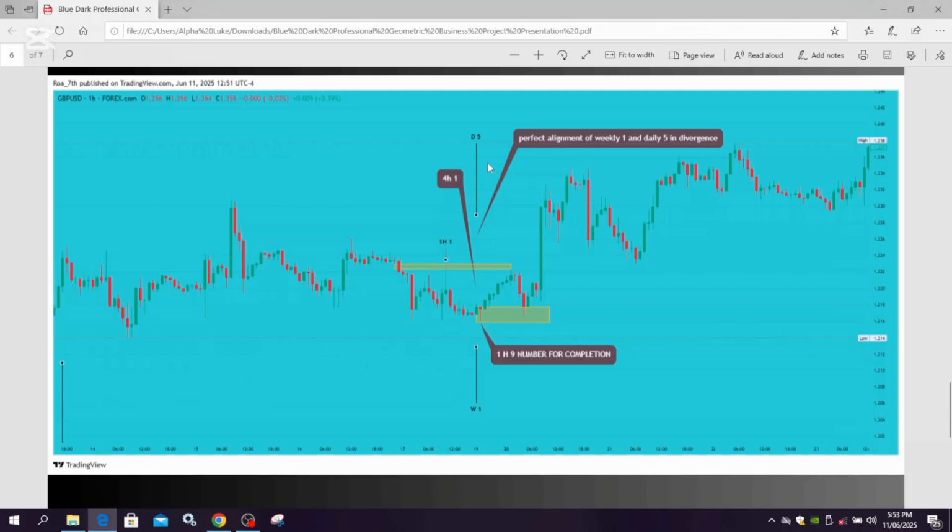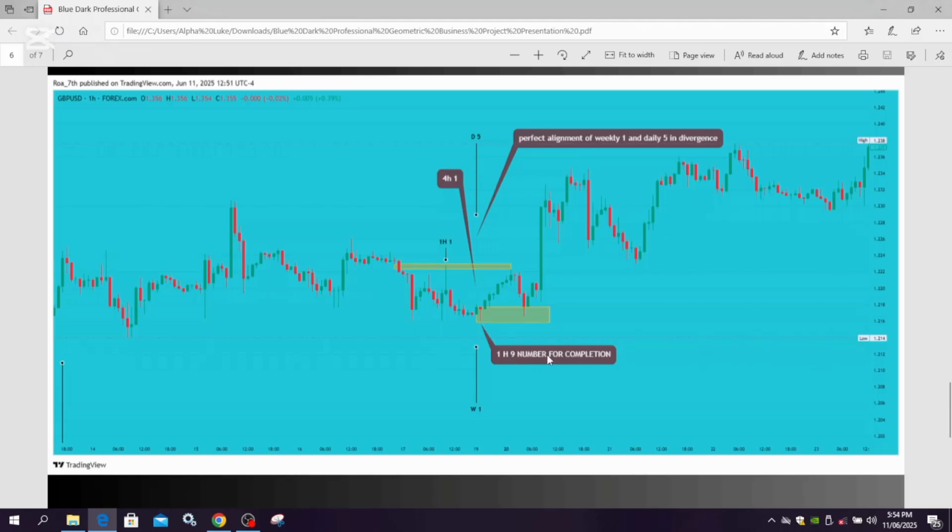So remember that the daily and the weekly are aligning and in divergence, and we said that this point is a decision point. Now take key note that the 1 hour number 9 also ends within this region. Look at this: 1 2 3 4 5 6 7 8 9. It makes the low.